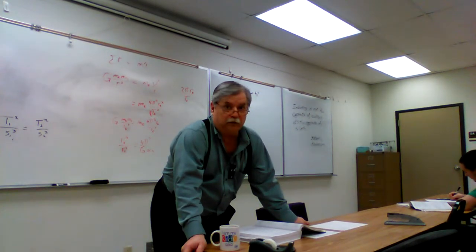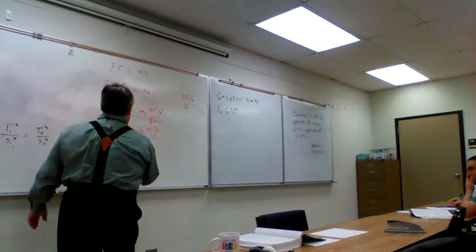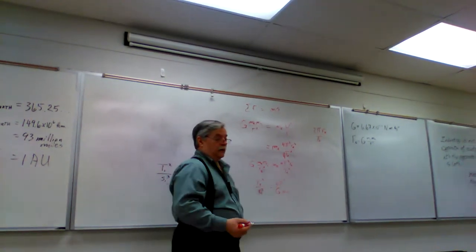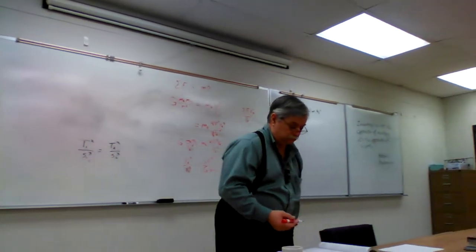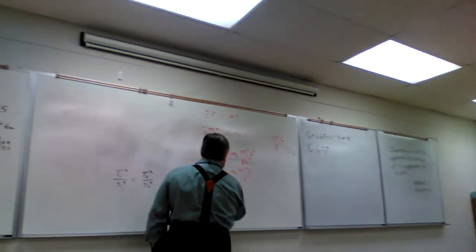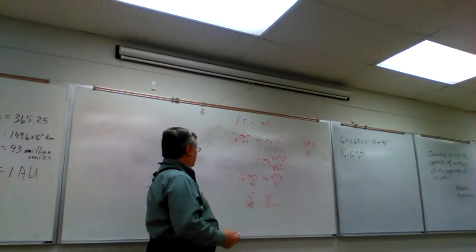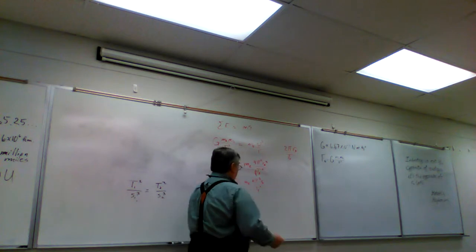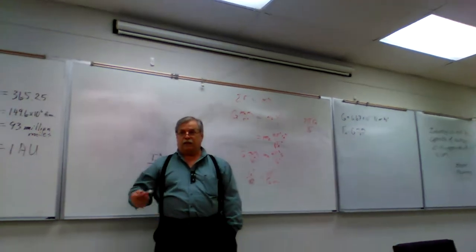Well, what is r cubed? That's r, the same as the S over there. So what we wound up with here is the period squared divided by the radius of the Earth cubed is equal to 4 pi squared divided by G times the mass of the sun.